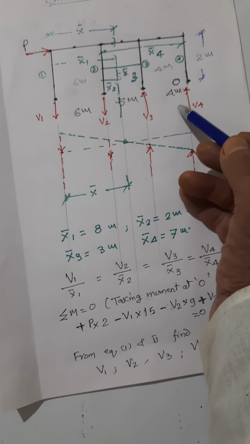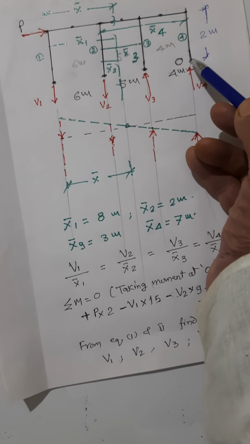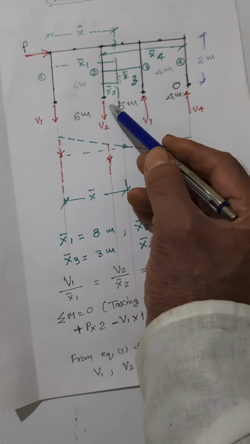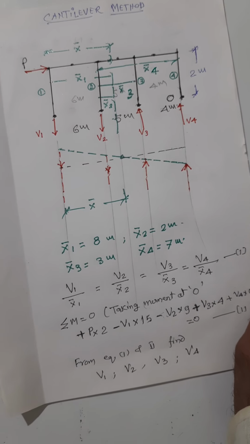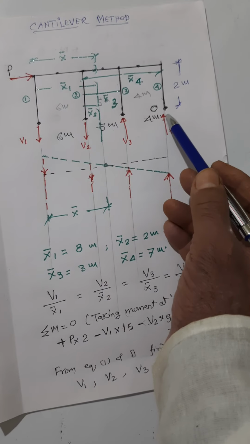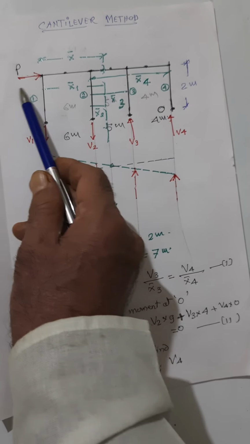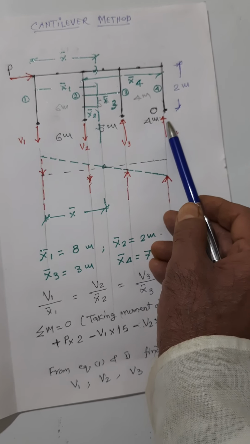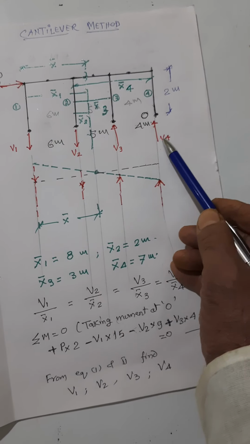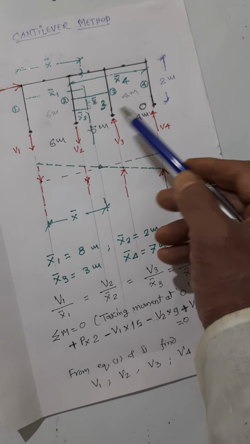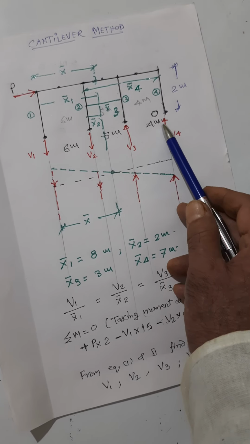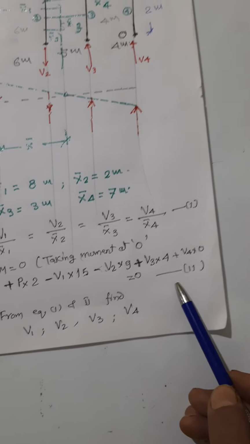Taking the moments of all the forces at point O, it will be P into 2 meters clockwise, V1 into this distance anti-clockwise, V2 into this distance again anti-clockwise, V3 into this distance clockwise, and this into 0. This is the second equation.